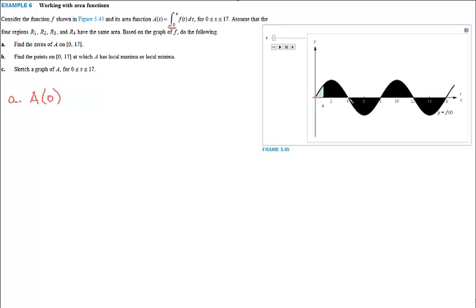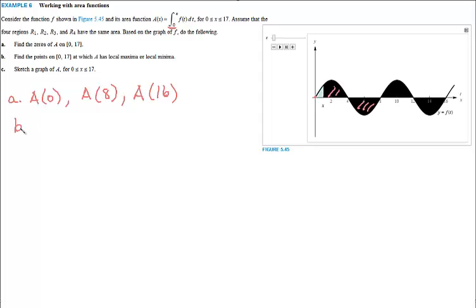At 4 I have a positive area. At 8 I have just as much up as I do down, so A of 8 is 0. This wouldn't be a 0 because I got some more up, but A of 16 would be another 0 because just as many up as I do down, so I'm good with that.